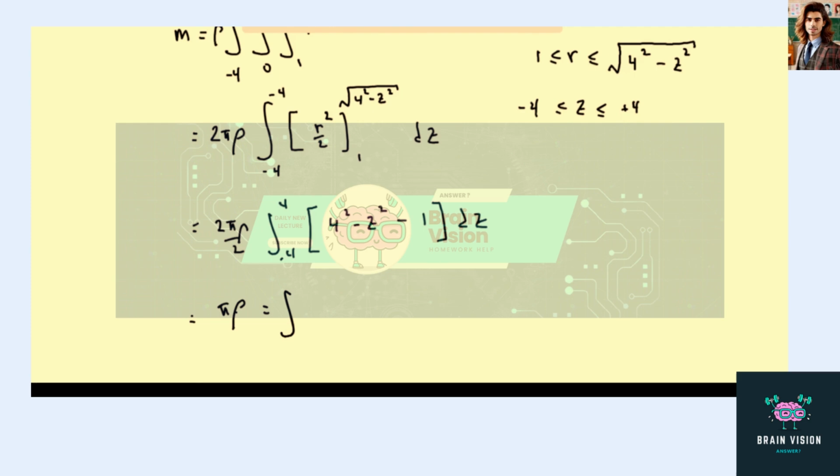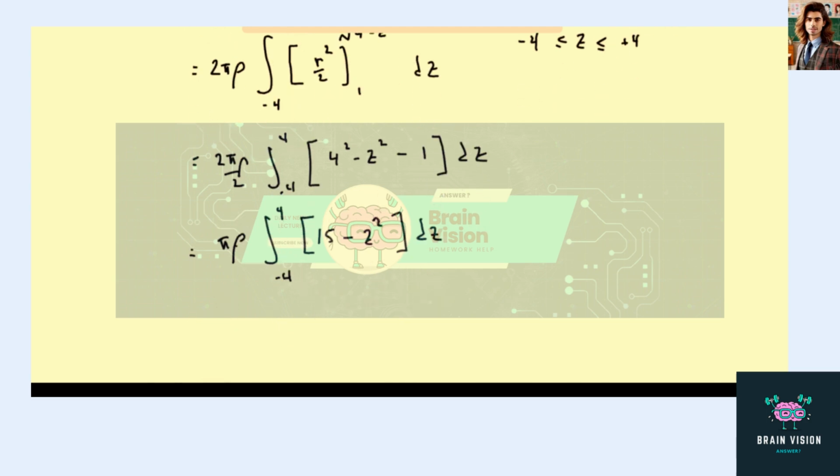In the integrand, we will find 15 minus z squared dz. Now we note that this is an even function over a symmetric lower and upper boundary.